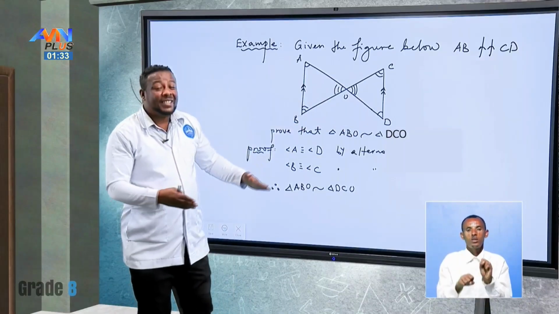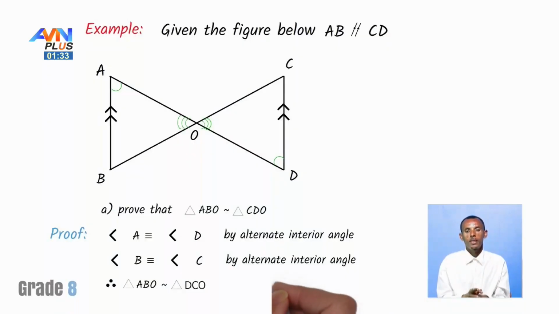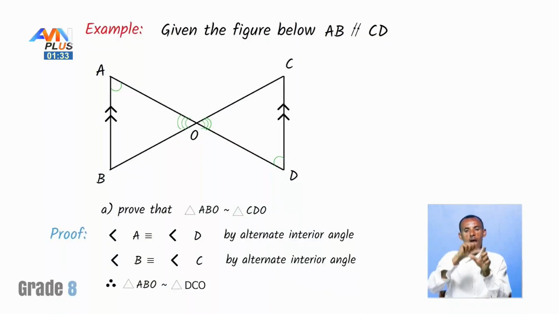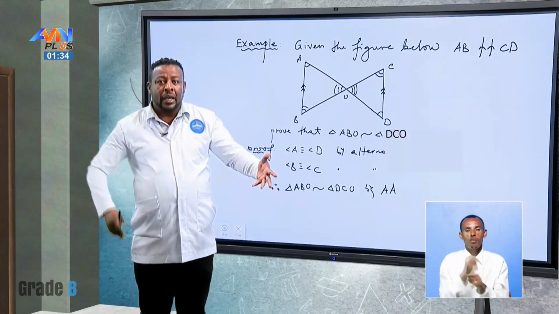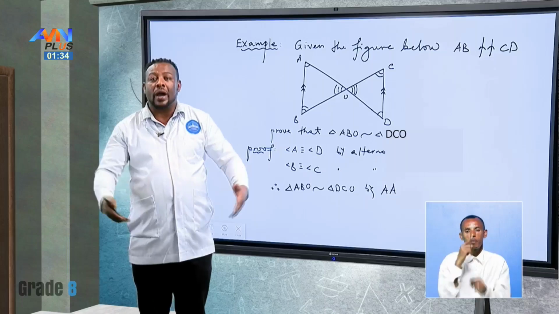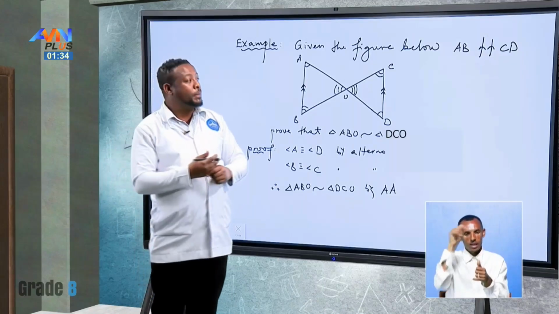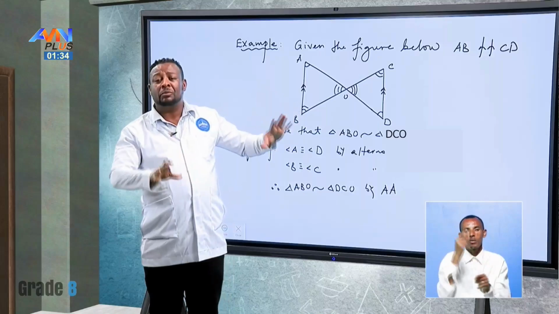So this is a proved fact by the first theorem, by angle similarity theorem, right? This is how we prove, okay? So this kind of proving requires the first theorem, which is about angle similarity theorem. So this is all about the proof of some triangles.